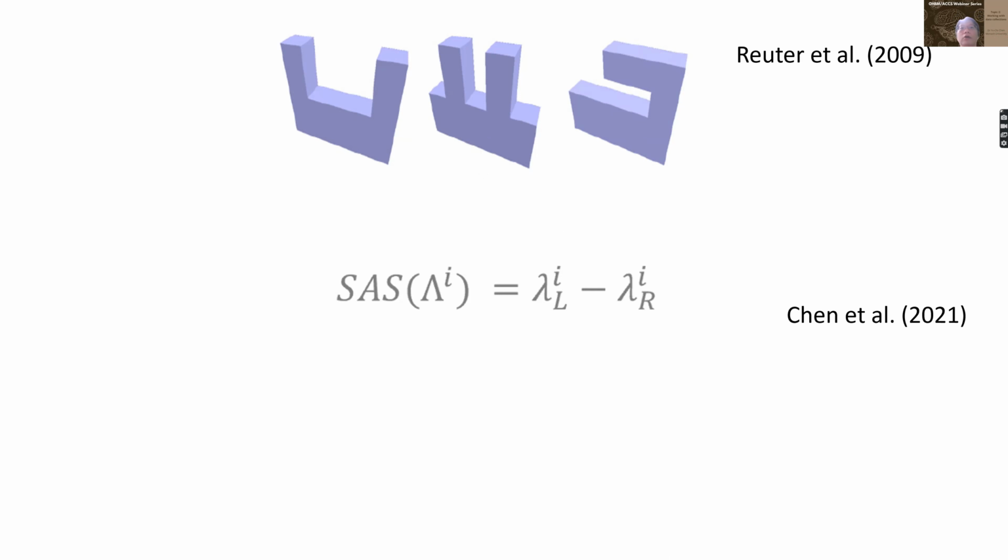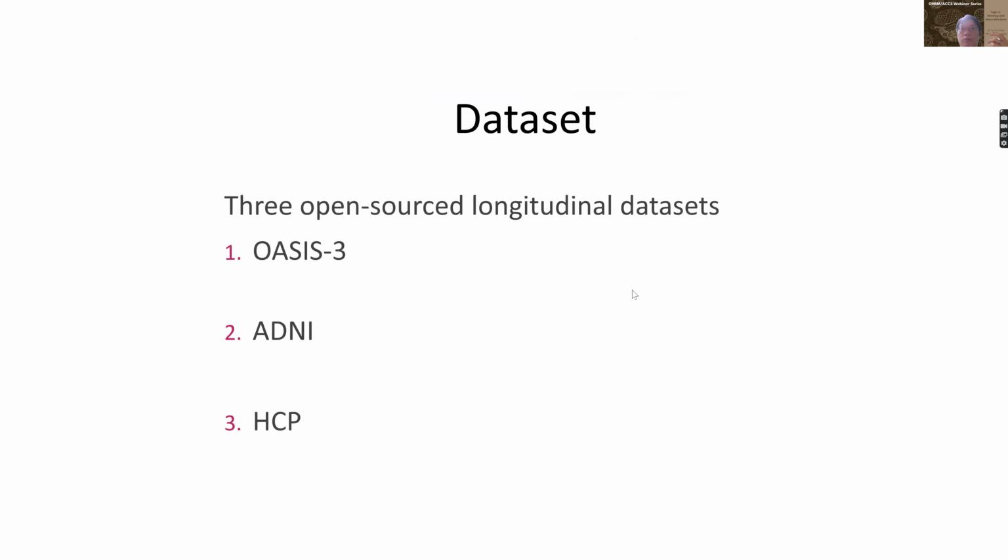And in our study, we calculated the differences between the eigenvalues from the left hemisphere and those from the right hemisphere to characterize the cortical shape asymmetry. And we use three open source longitudinal data sets, which are OC3, ETNI, and HCP for the analysis.